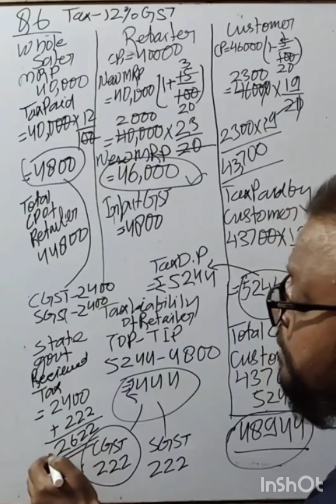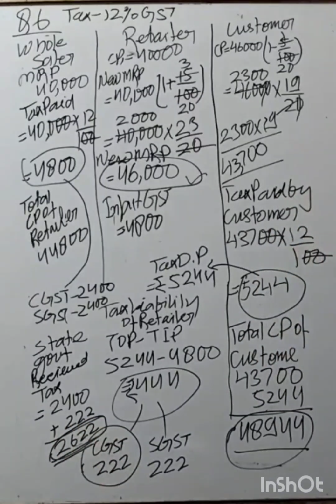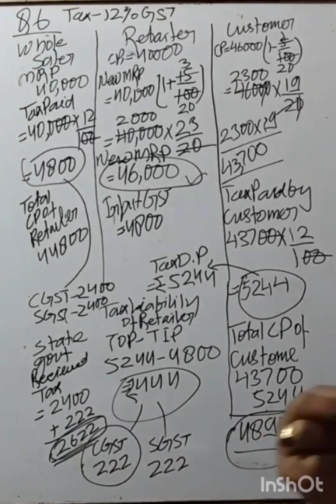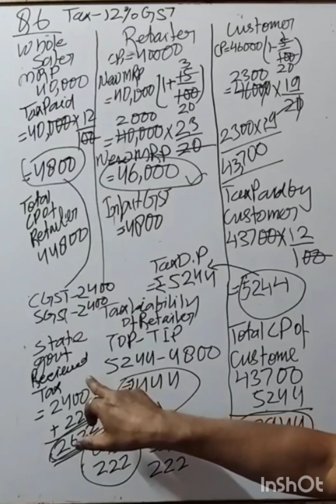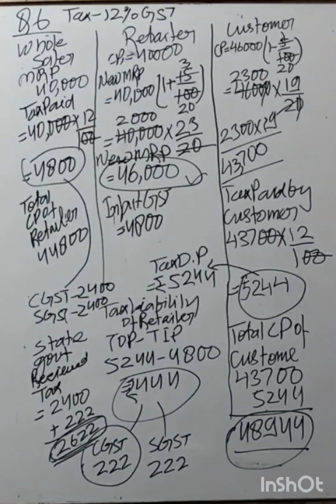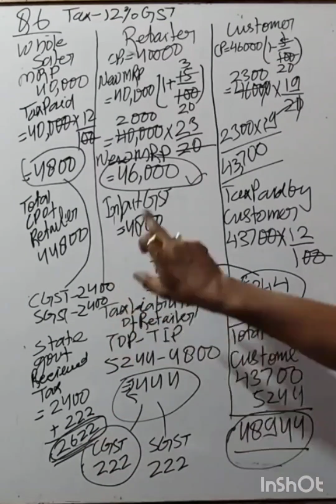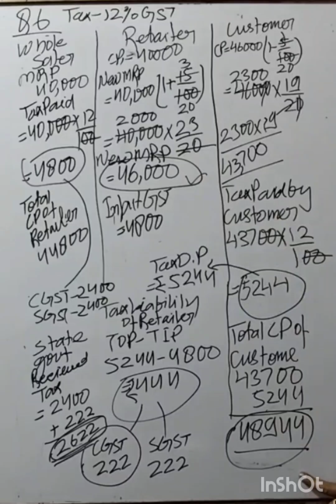This much it received. So what is your answer? 2,622 rupees is the tax the state government received. Right? This much central government received. This is the new MRP. This is the total amount paid by the customer. I hope you understand. Now you can do. Okay. Thank you.